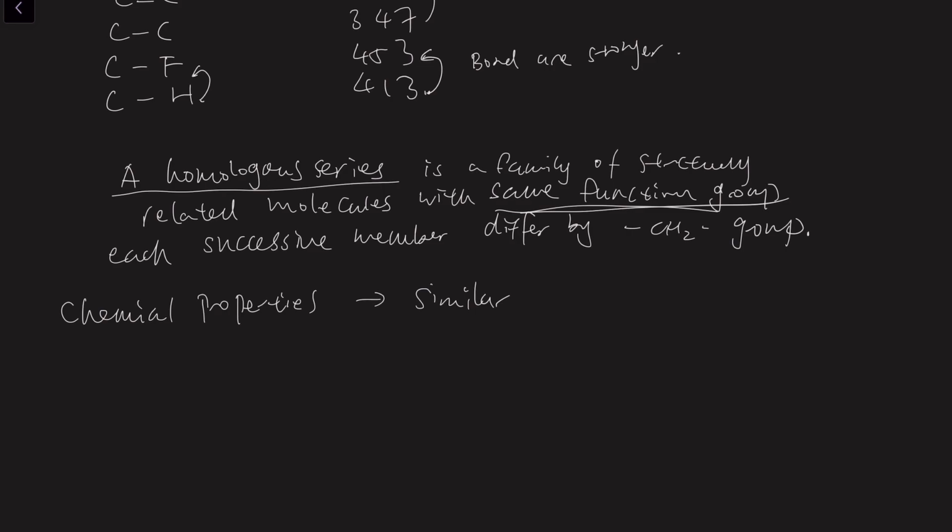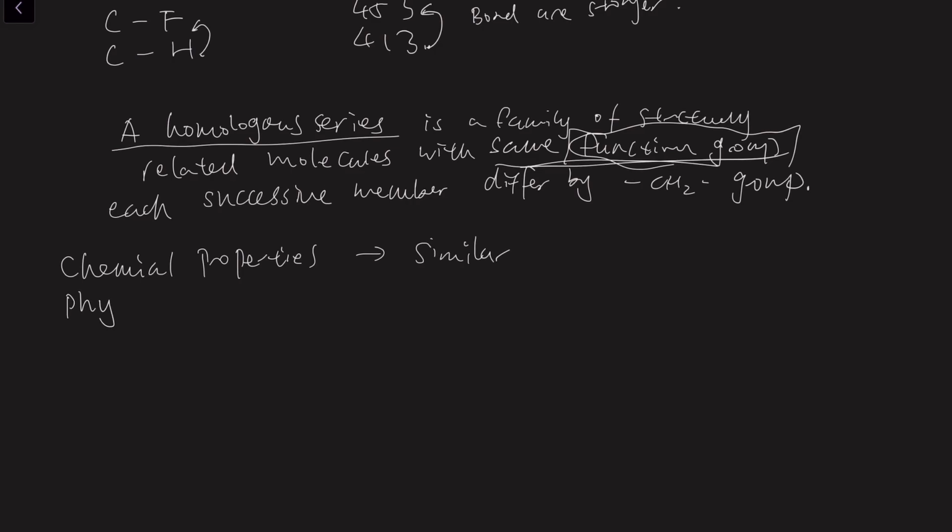A very good way to understand functional group is to look at this phrase in detail. It's called functional group; it gives this homologous series a different function. And since everything in the homologous series has the same functional group, they should have similar function. And that's why the chemical properties are similar.